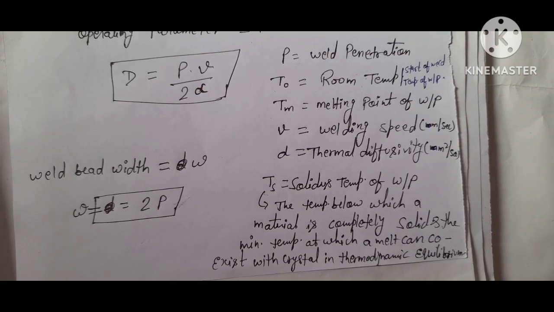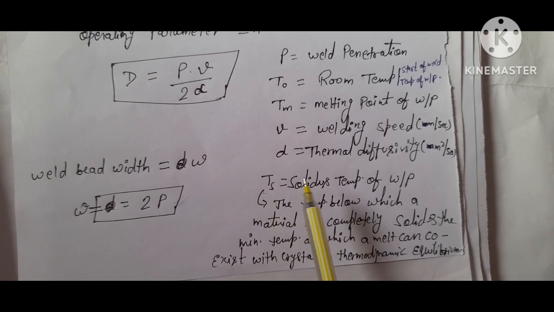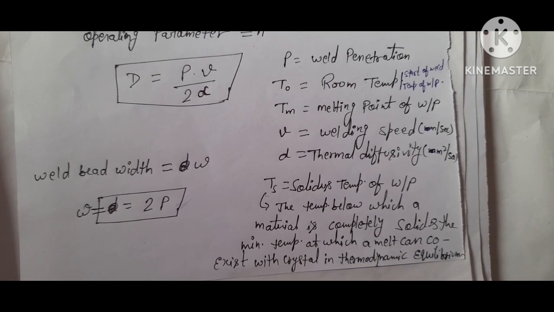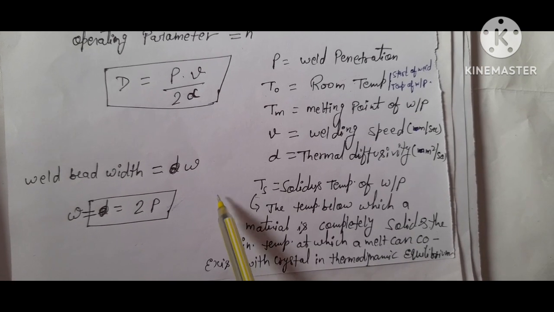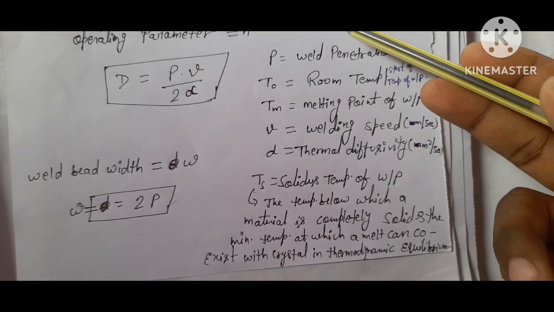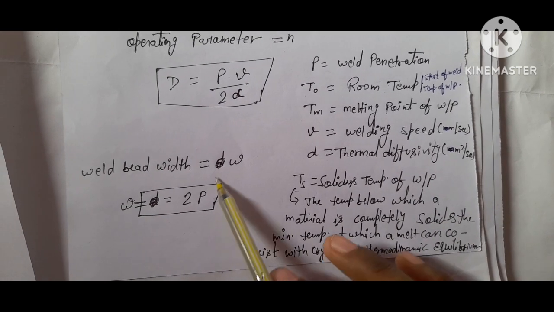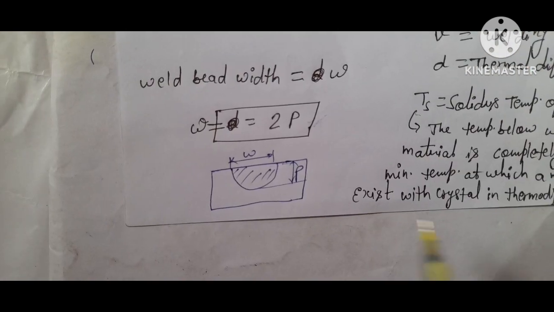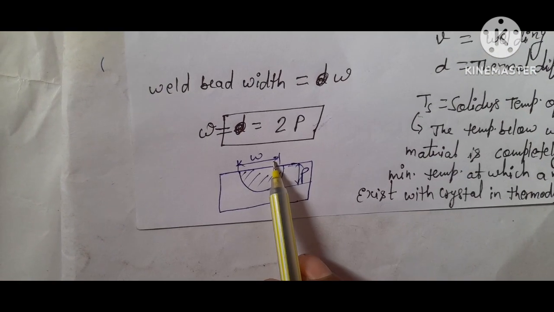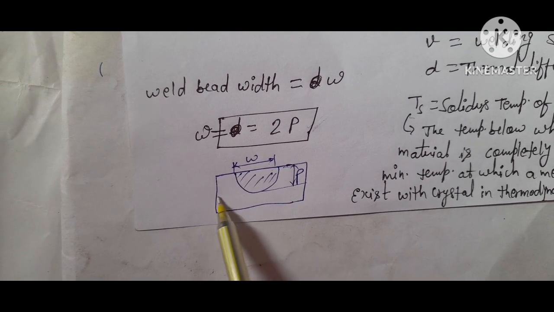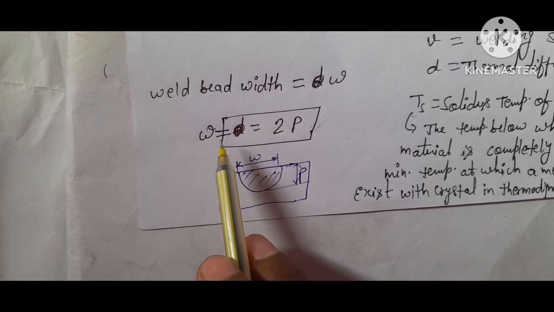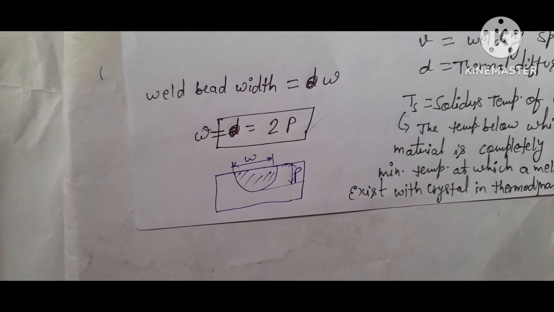Here the terms are equally related: solidus temperature, transition temperature, or phase transformation temperature are equal. So abbreviations are given here, keep them in mind, friends. This is a width and this is a depth of penetration. If it is symmetrical, then you use W equals 2P.